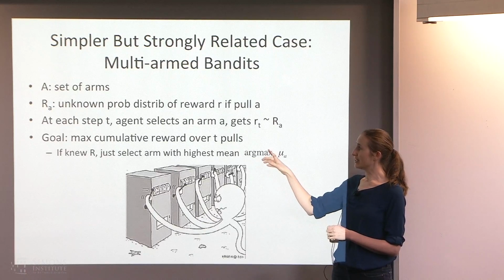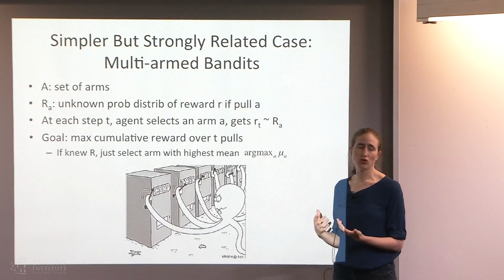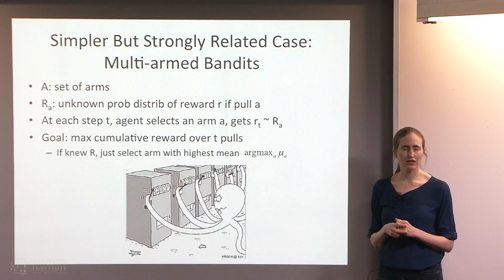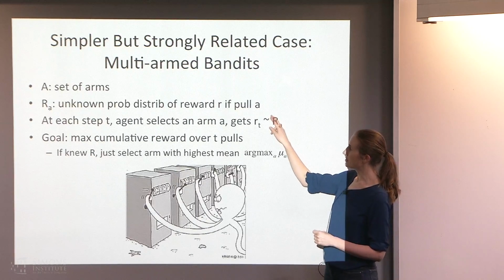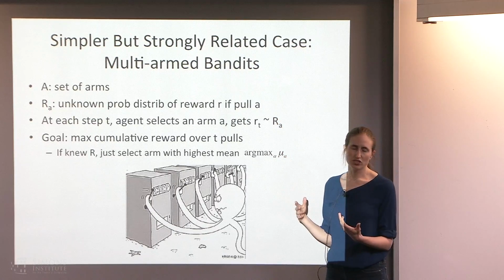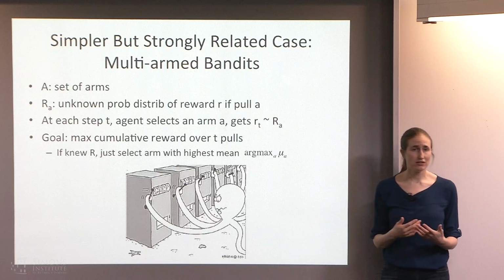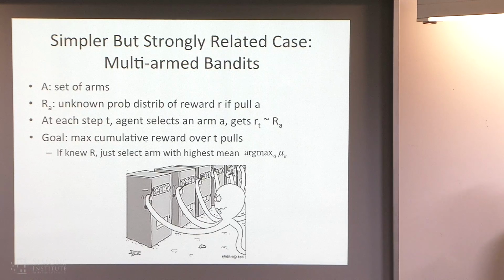And your goal, just like in RL, is to maximize your cumulative reward over T pulls, where T could go to infinity. Now, if you knew what the reward distributions were, this would be a simple problem. You just select the arm with the highest mean. You just pick whichever arm has the highest average reward, and then you would pull that arm always. The problem is that we don't know what that is.